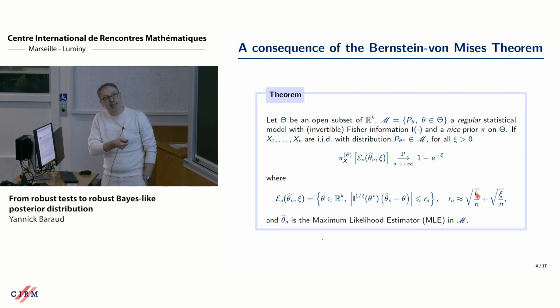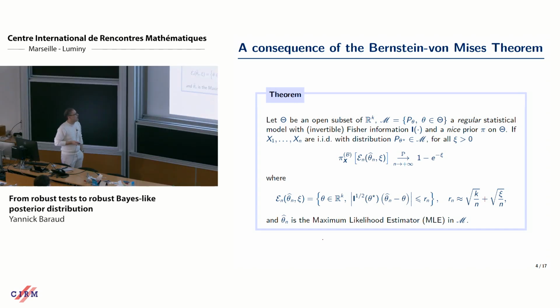And you recover here the square root of k over n, which corresponds to what Bayesian people call the contraction rate, which is also the rate you would get if you wanted to estimate the parameter theta in the frequentist paradigm. Okay, so this is a very nice result because it bridges the Bayesian approach to the frequentist approach by using the maximum likelihood estimator.